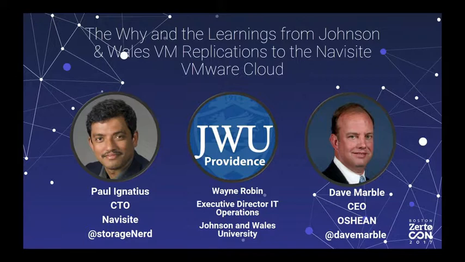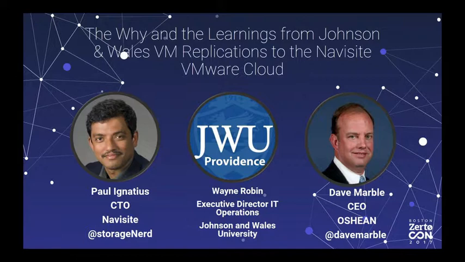We're primarily located in Providence, although we have remote campuses in Miami, Denver, and Charlotte. Being on the Ocean network, they built in a connection directly to Navisite. So it's an extension of their network, and therefore somewhat of an extension of our network, that has more than enough bandwidth for what we needed.